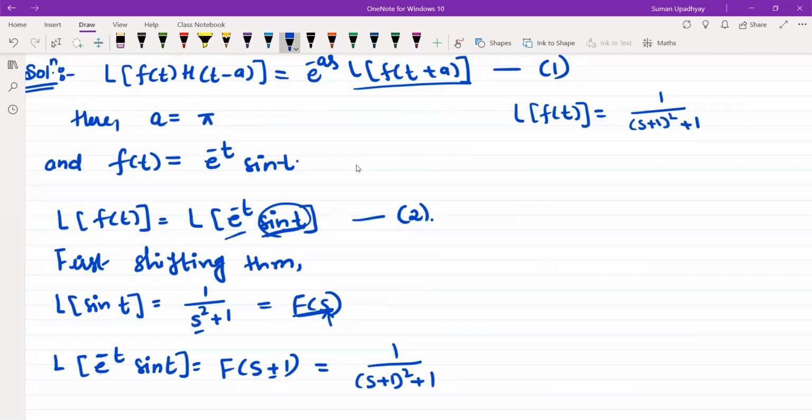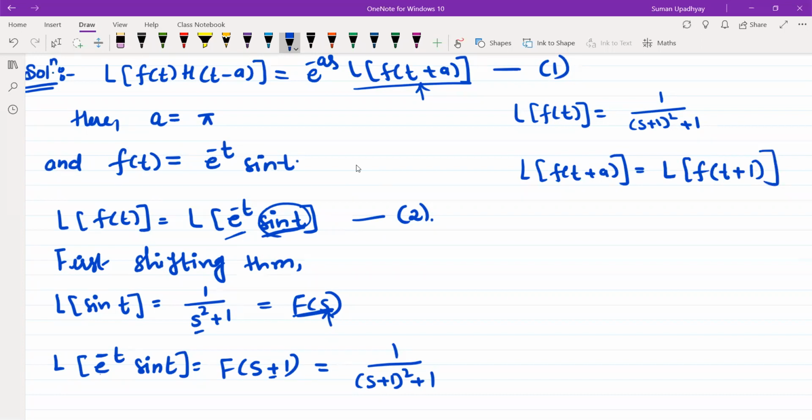But what I want is Laplace of f of t plus a. Okay? So t plus a, what is a over here? What is a? T plus 1. Oh, pi. Ma'am, a is pi, right?